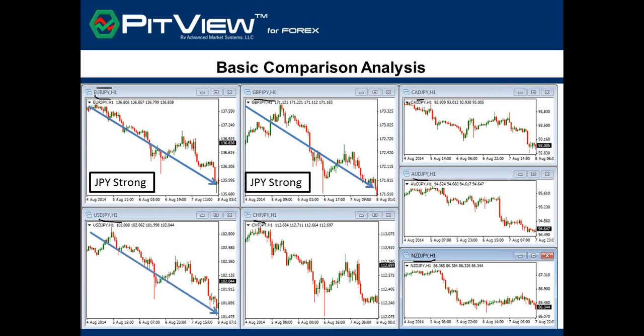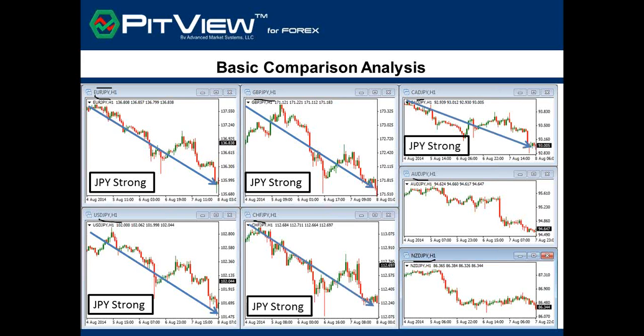Dollar yen's going straight down on this chart, so that is also showing JPY as being strong, dollar weak, yen strength. Swiss weak, yen strong on here. CAD yen up here going straight down, Canadian weak, Japanese yen strong, and Aussie yen, yen strong, and then New Zealand yen, yen strong.